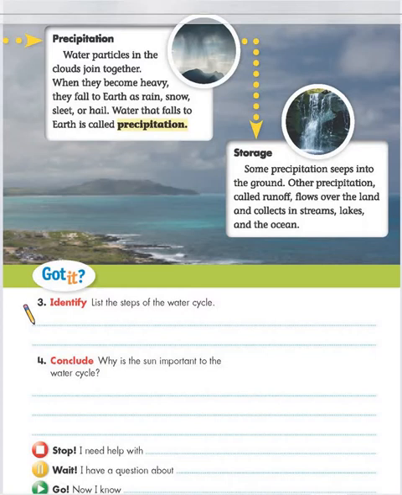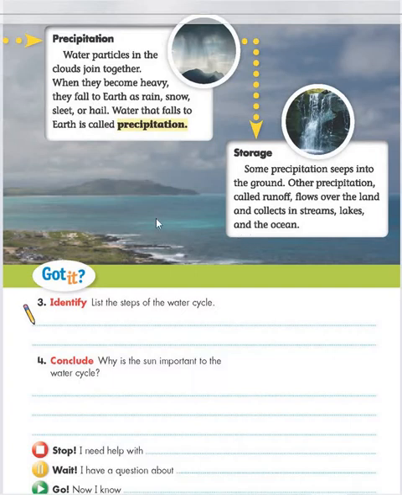Precipitation may be rain, snow, or hail. After that, the last step is storage. When the water falls from the clouds, it will be stored on earth.